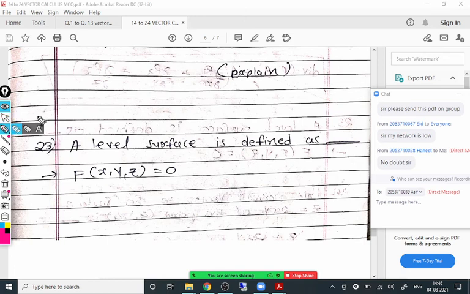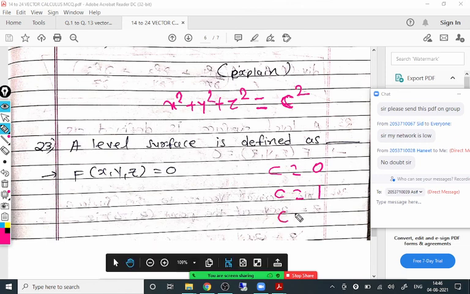Let me show you. Suppose you have x square plus y square plus z square equal to c square. If you change the value of c, suppose c is 0, you get just a point, but if c is 1, you get a sphere of radius 1. If c is 2, you get a sphere of radius 2. c equal to 3, a sphere of radius 3.